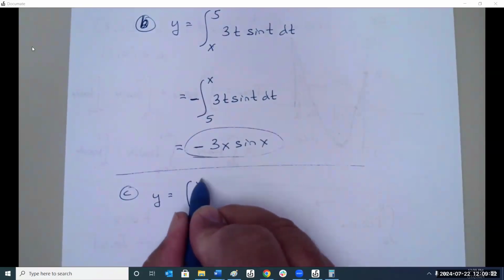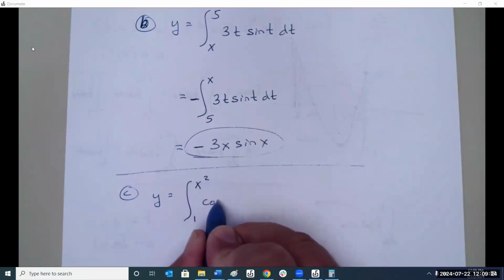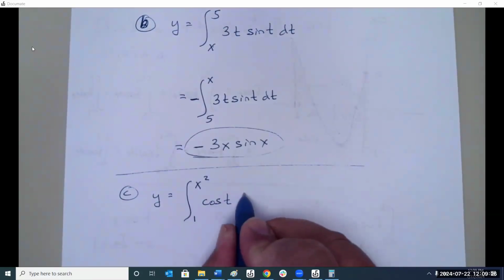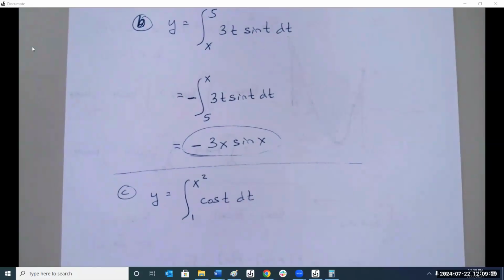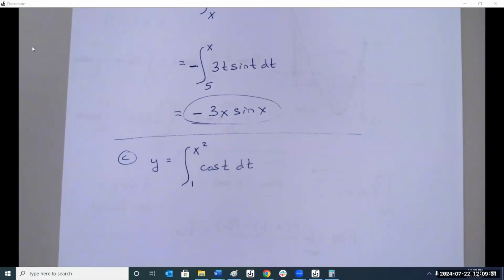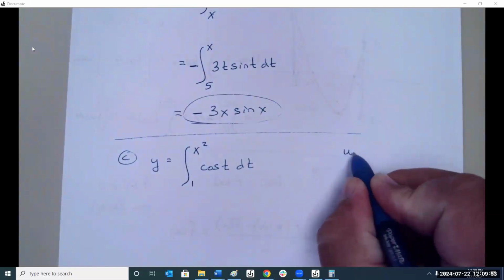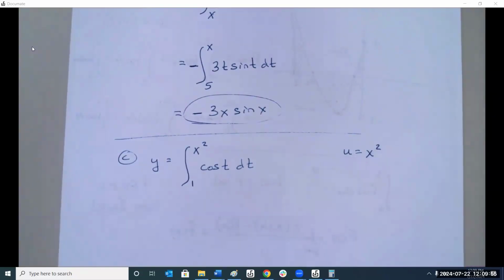y equals the integral from 1 to x squared of cosine t dt. What's the problem here? Yes. So because it's an x squared, let's use substitution.